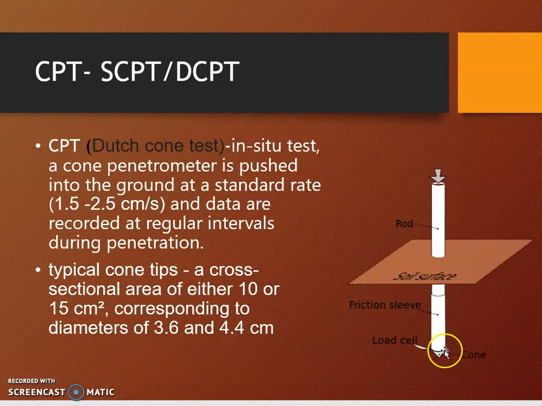Both these things are separately assessed, so here there is no confusion. N represents both the tip resistance and the friction, whereas here both are recorded separately.